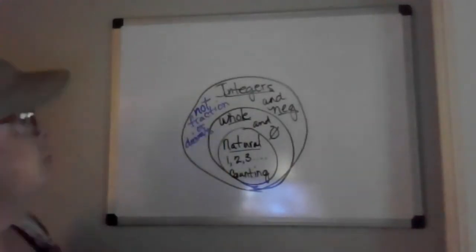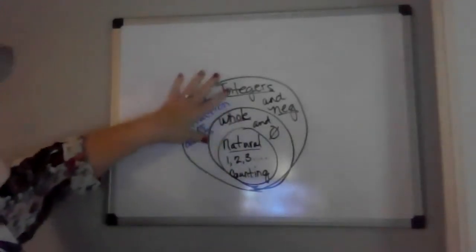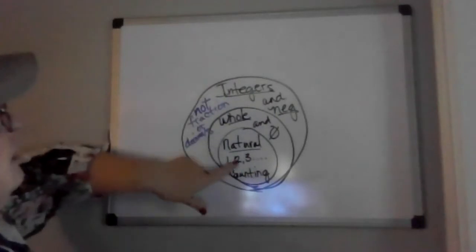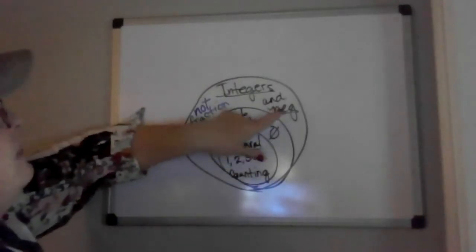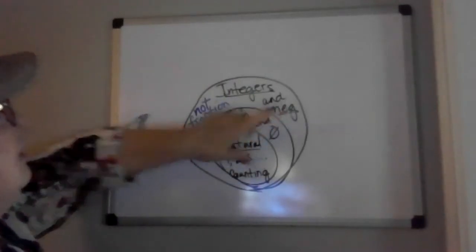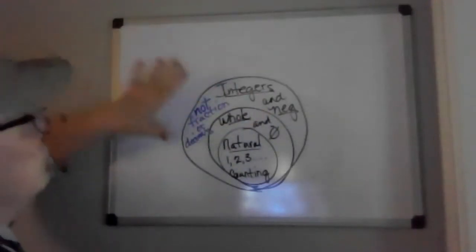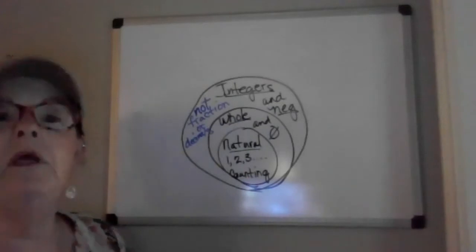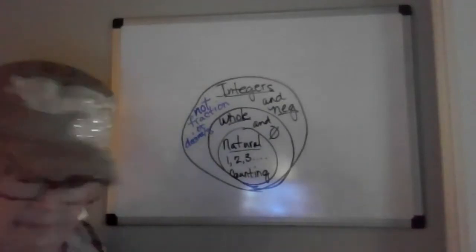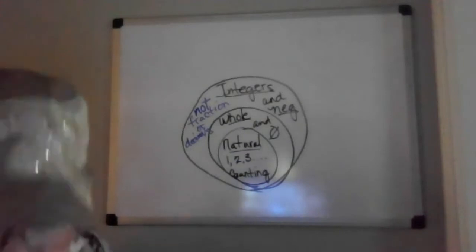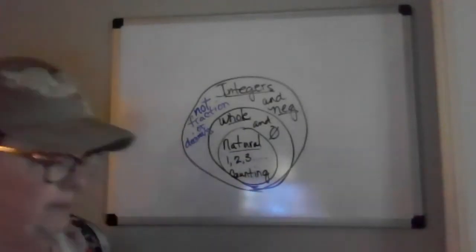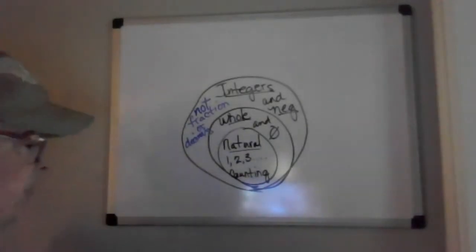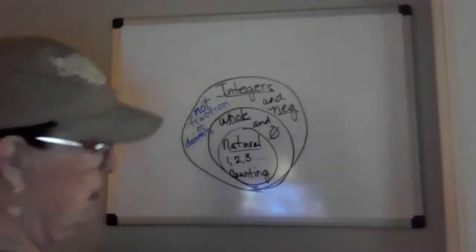Oh, I'm glad your little chart is going to be prettier than this. Okay. Integers include the natural numbers, 0, and all the negative numbers, but no fractions, no decimals. Okay, and integers are the most common that you'll be using, although you're not going to get away from fractions.